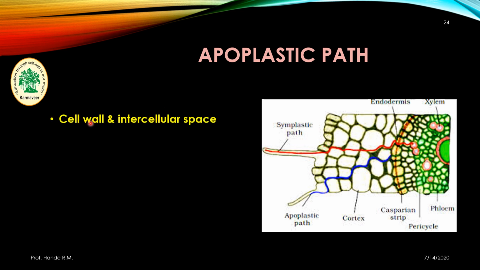Here, the cell wall and intercellular space are important. The apoplastic pathway is the uptake of water by the root through the cell wall and the intercellular space. Here the diagram shows the symplastic pathway and apoplastic pathway.